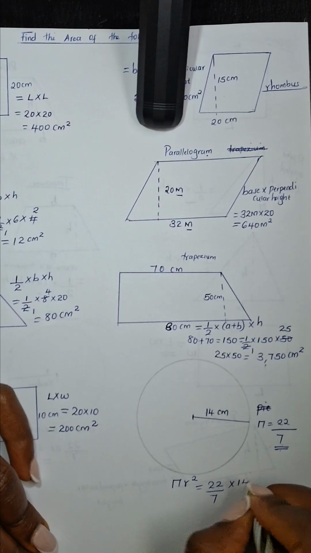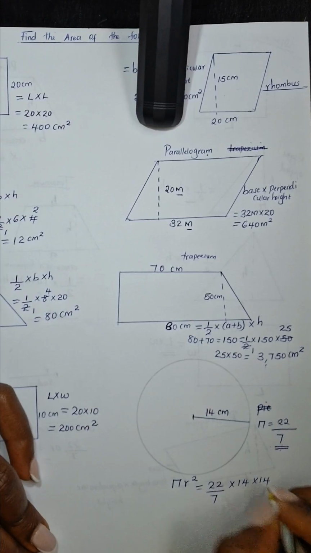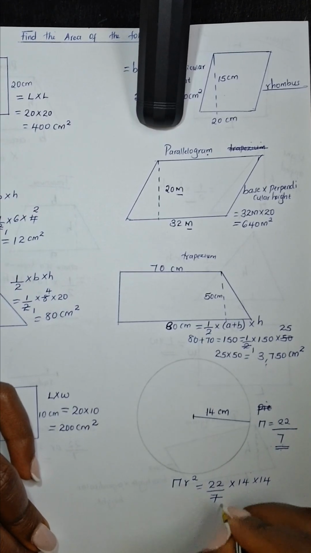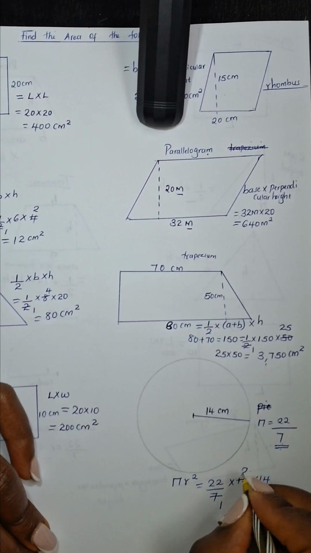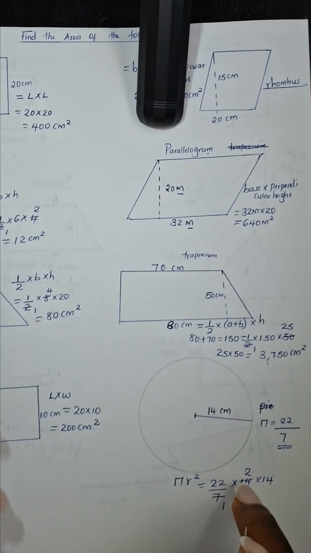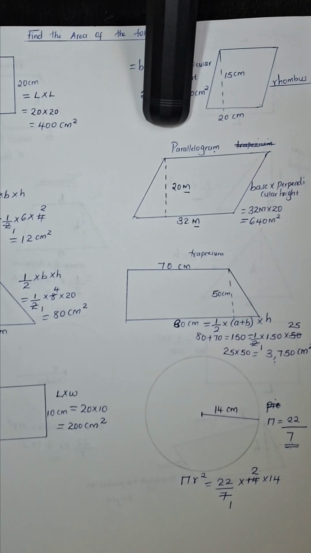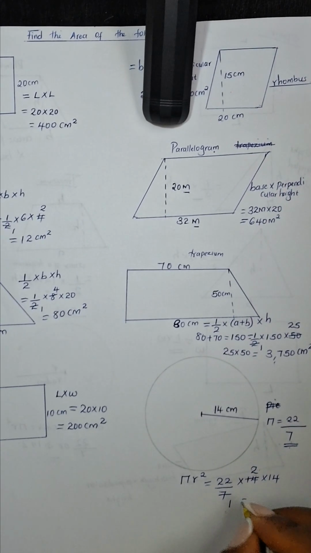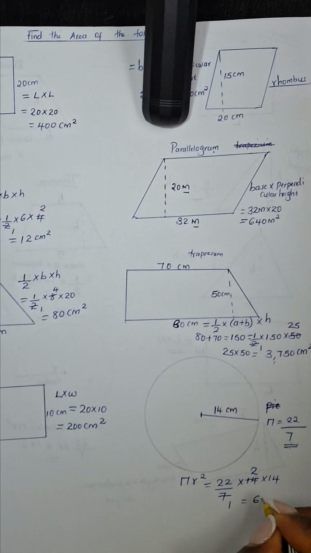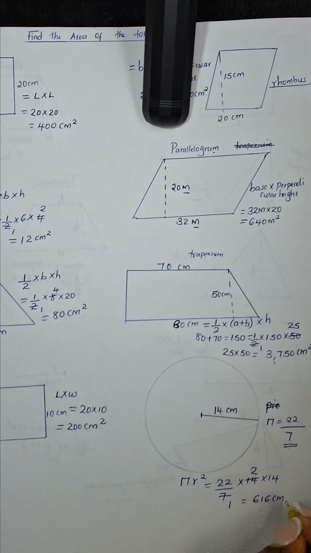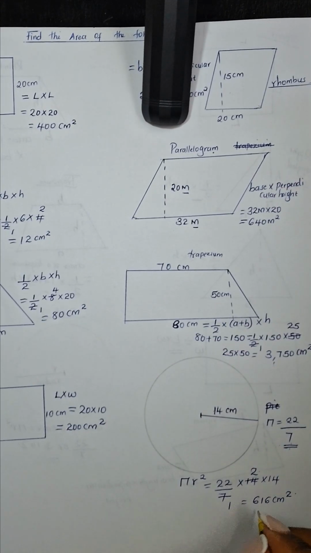So you can just put times 14 times 14, okay? So by 7, 1, by 7, 2. So I have 22 times 2 is 44. 44 times 14 is 616 centimeters what? Squared, okay?